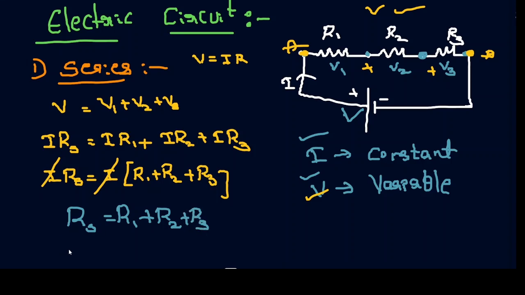Simply, it is the algebraic sum of all the resistances in the circuit, right? So this is for series. Now an ammeter has to be connected in series in order to measure the current through the total circuit. The ammeter has to be connected in series.